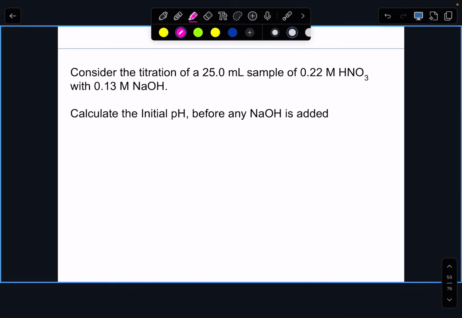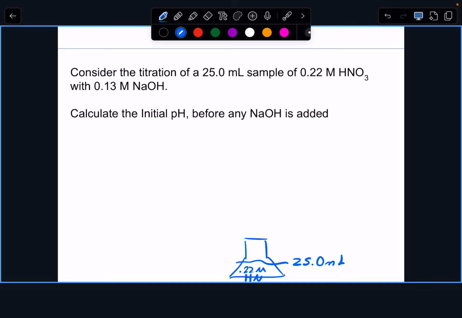Okay, consider the titration of a 25 ml sample of 0.22 molar nitric acid. So I'm going to go ahead and draw our little picture here. We've got 25 mL of 0.22 molar HNO3, and we're going to add 0.13 molar NaOH.